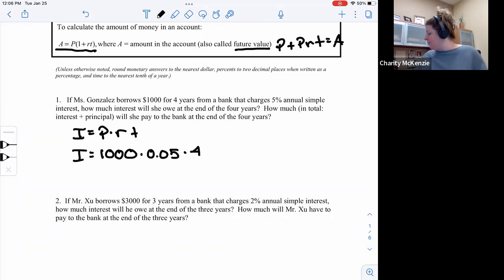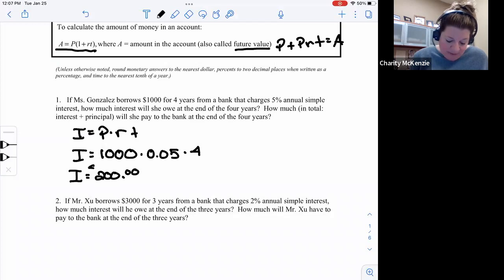I just realized I probably should have a calculator handy. I don't want to bounce between the app that I have on my iPad here. So 1,000 times the 5% times 4 years is $200. All right, so that's our first question.